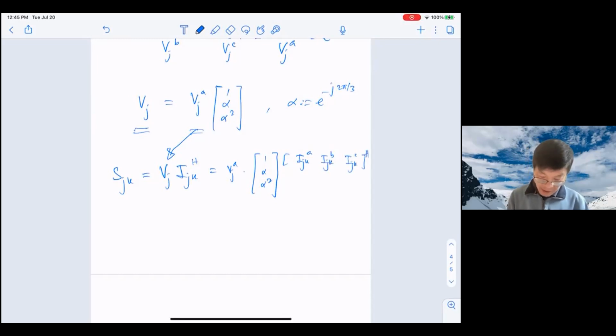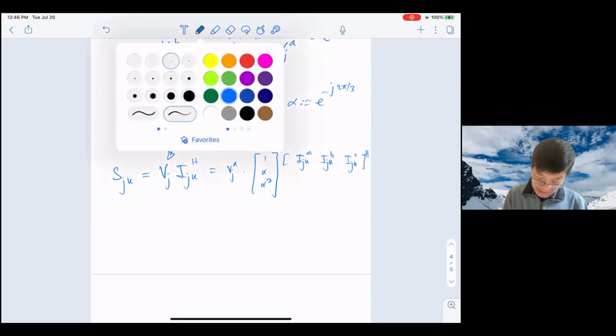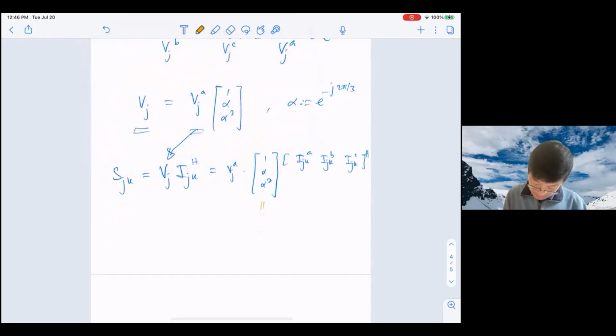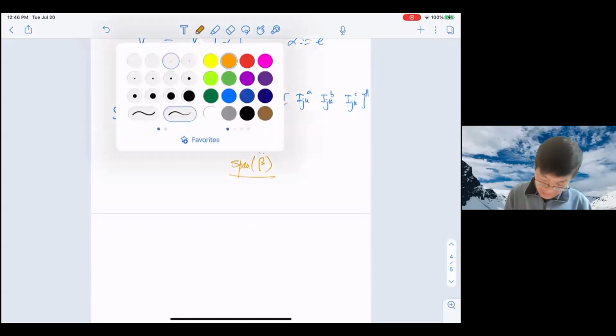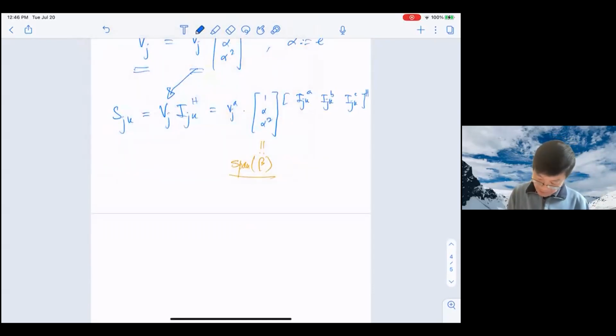It means that the columns of S_jk, so there are 3 columns, each column is in the span of this. So let me call this the beta vector. So the columns of S_jk are in the span of beta. So they are multiples, complex multiples of the beta vector, right? And so if you look closely, let's say at the first column, okay? So the first column will be 1, alpha, alpha squared.